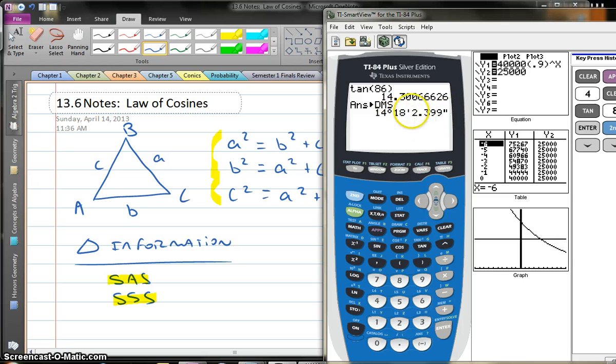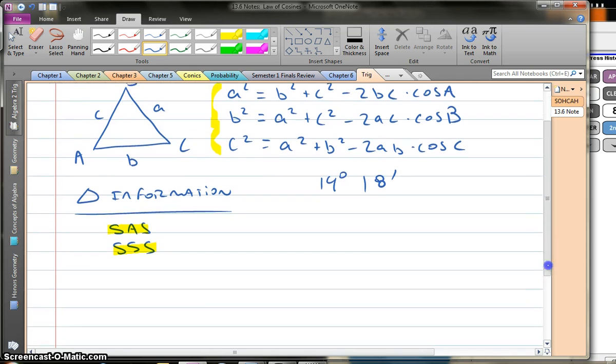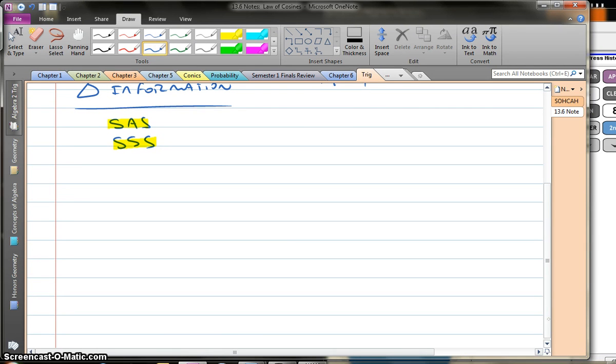So it's broken it down. It's pulled out the whole amount of degrees, how many minutes, and then approximated the seconds. So we're going to write this as 14 degrees, 18 minutes. We're going to allow the 2 to make it stay. If that digit is 5 or larger, then we would round up. So that's how we're going to express our answers: 14 degrees, 18 minutes, rounded to the nearest minute. Just a calculator skill we're going to need to know.